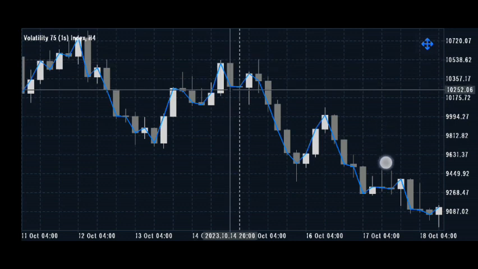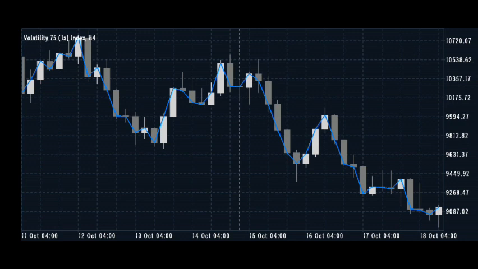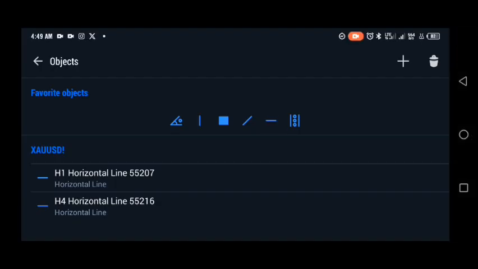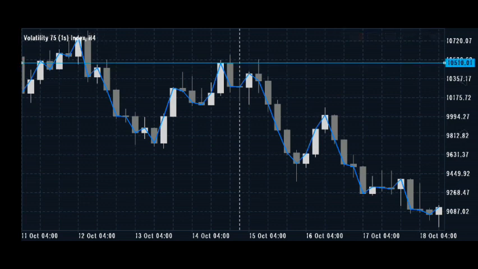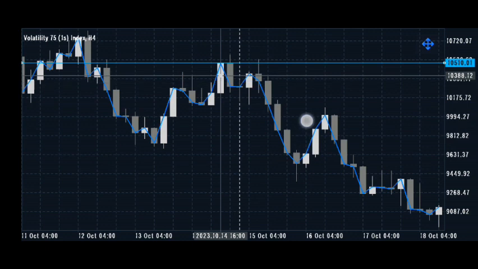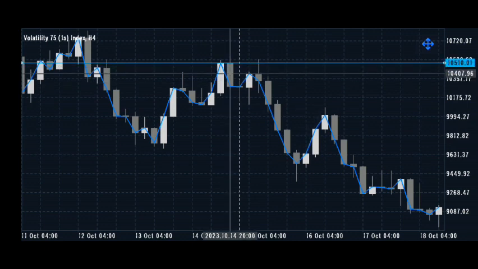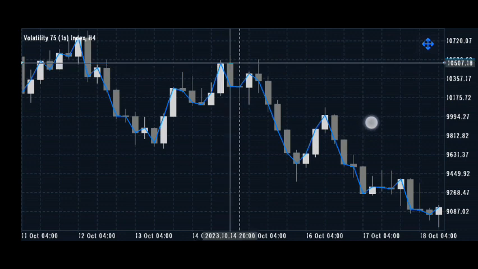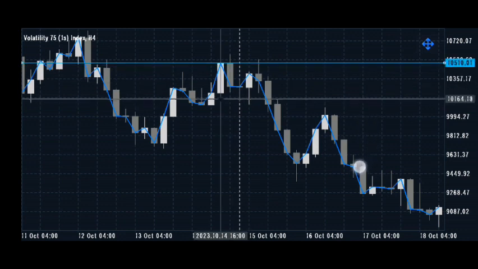So this is a support. Sorry guys, this zone right here is a support. Why did I say it's a support? Because this is a buy. Sorry, not support. I'm sorry, guys. This zone right here is a resistance. Why did I say it's a resistance? Because this is a buy and a sell.